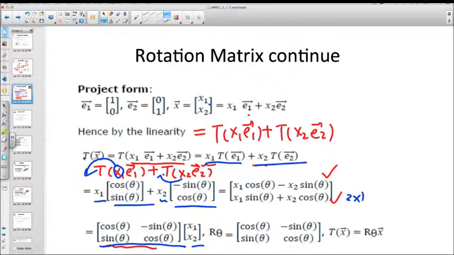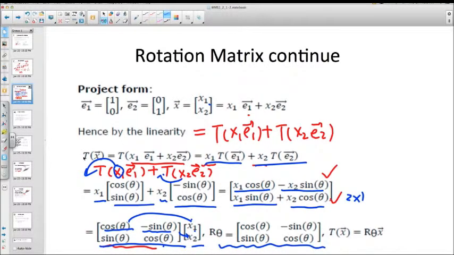If you have a hard time, just multiply back. Cosine theta times x1 is this term. Negative sine theta times x2 is this term. You just add. The second one, sine theta times x1 is this term, and cosine theta times x2 is this term. So what a beauty. When you do a rotation, all you need is to multiply by this matrix, and then you have done the rotation.